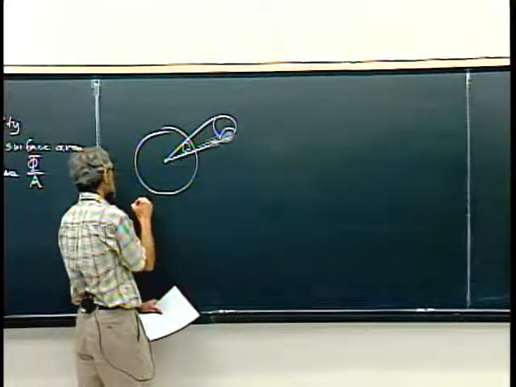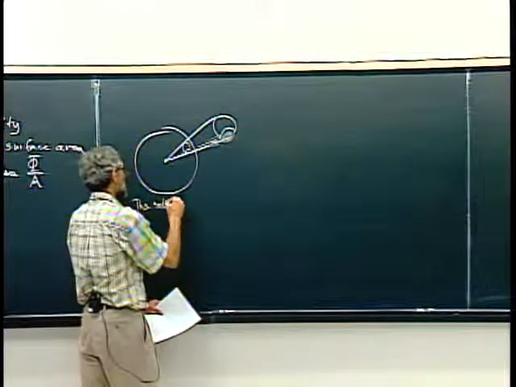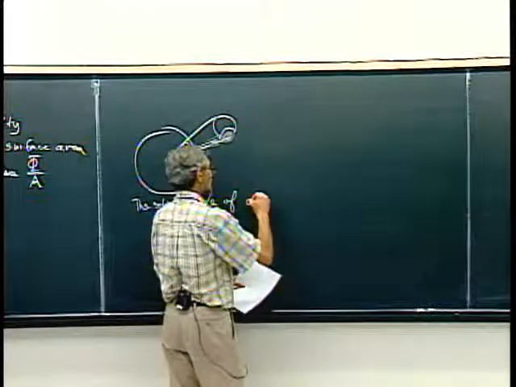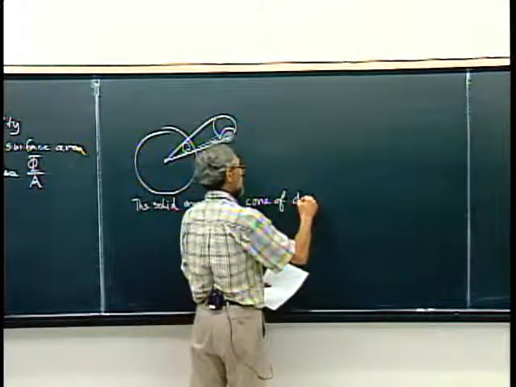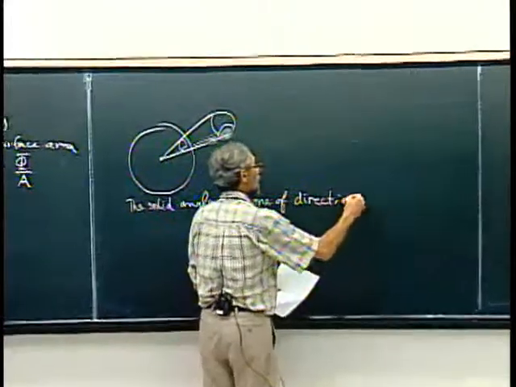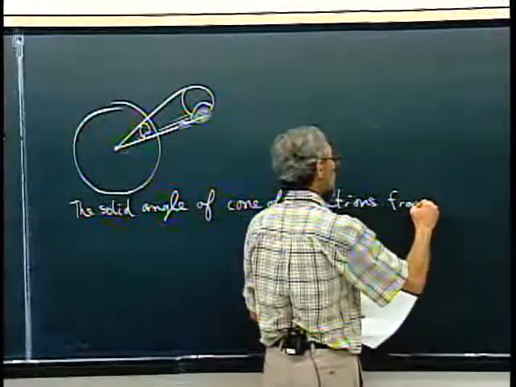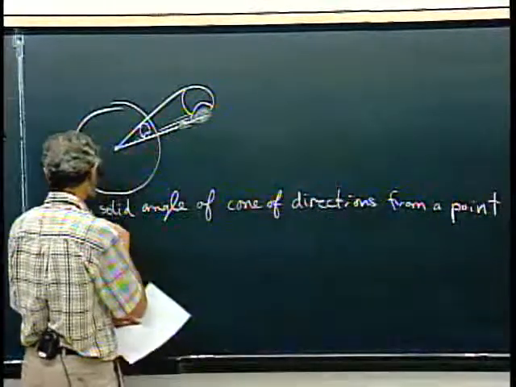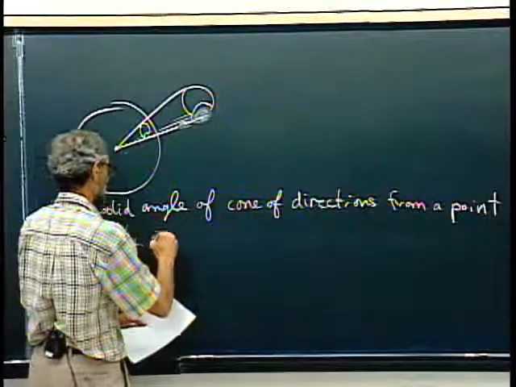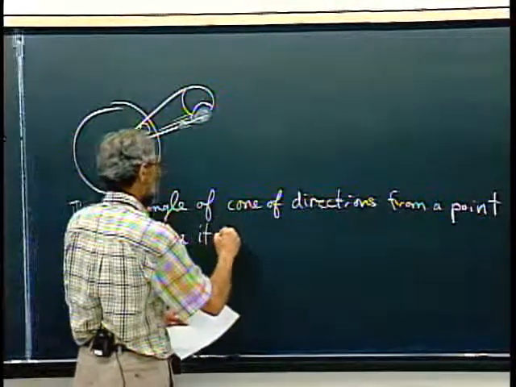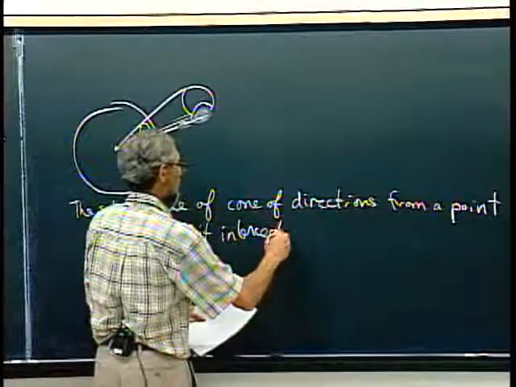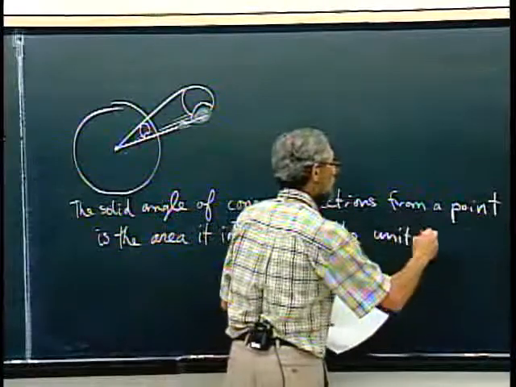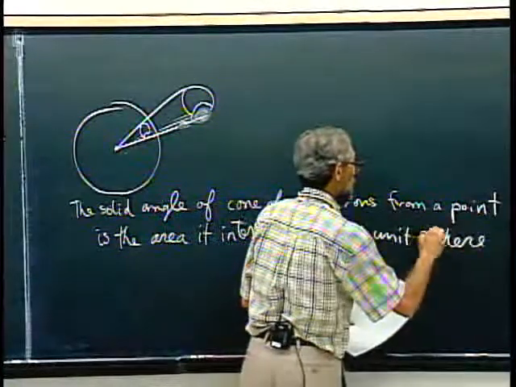And then the solid angle, say of a cone of directions from a point, is the area it intercepts on the unit sphere, with that point as center.